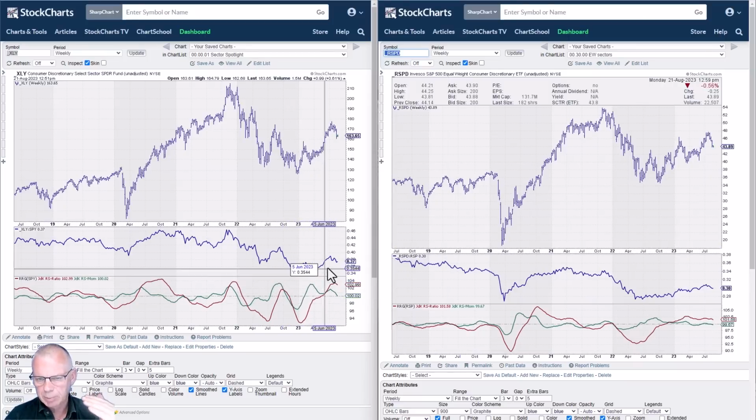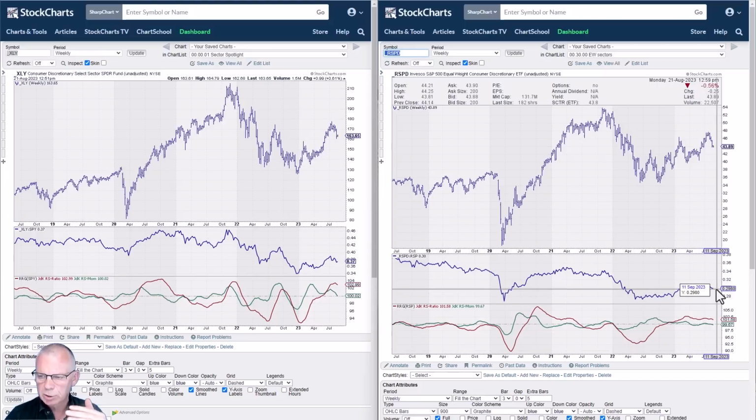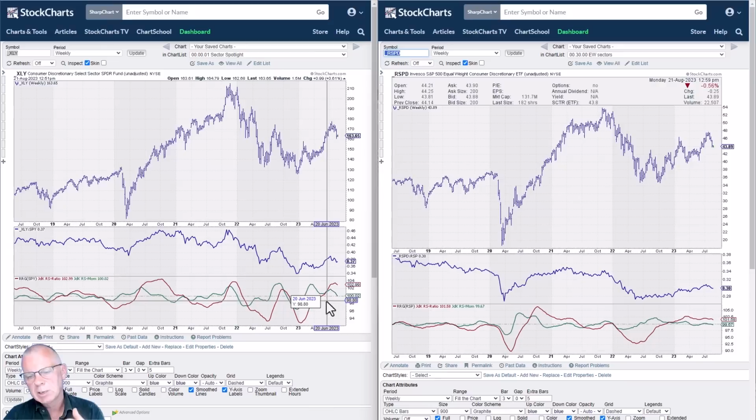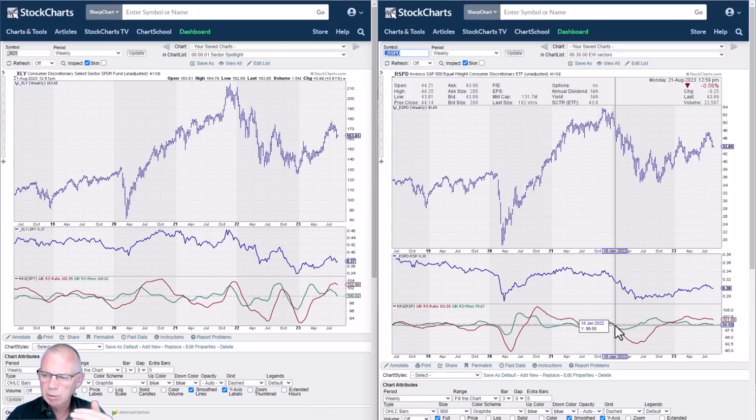You can see that both relative strength lines are moving higher, but the cap-weighted version is a little bit steeper than the equal-weighted version. And the result of the recent decline is that it looks a little bit more aggressive on the cap-weighted version, whereas the equal-weight version remains in a stable trend.